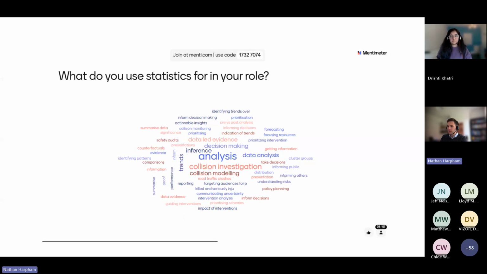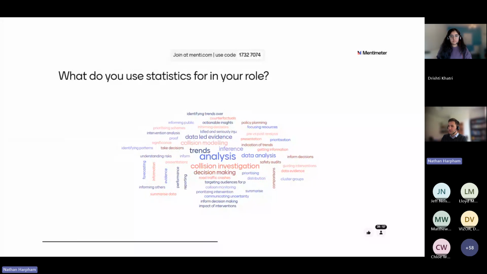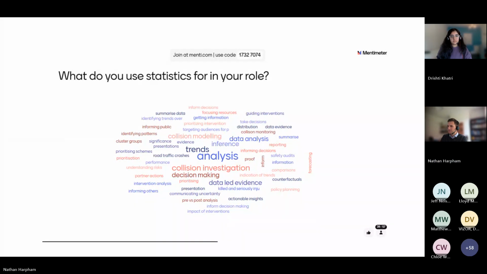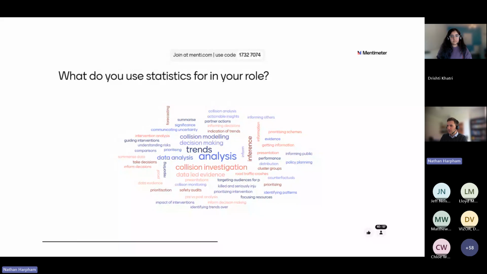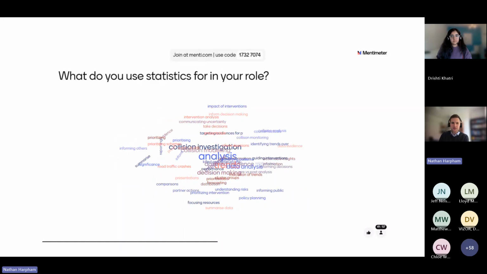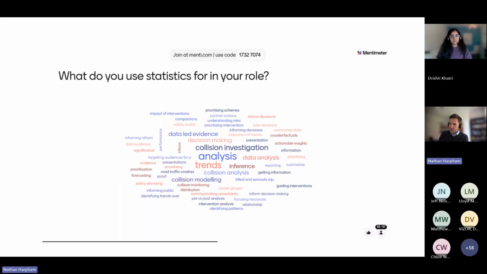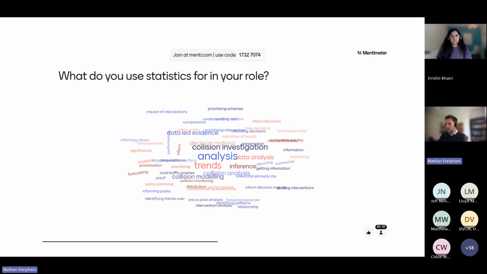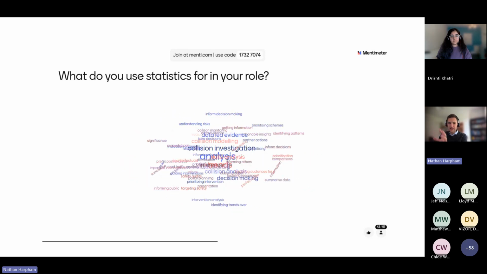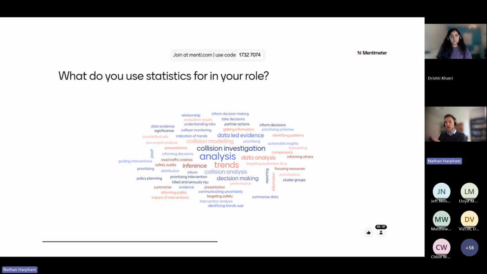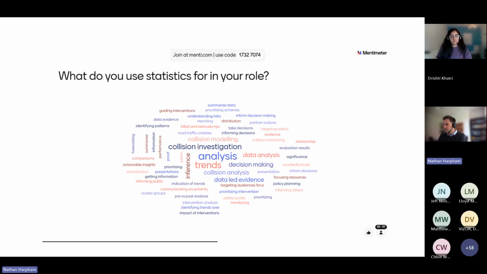Trends, inference, evidence, counterfactuals, informing. I imagine in this virtual room we have quite a few analysts, maybe some policymakers that are stats adjacent, and that's definitely coming through in this, in terms of some of you focusing on the analytical technique that you're using, others of you focusing on what it can do for you in terms of the evidence or the policy making.